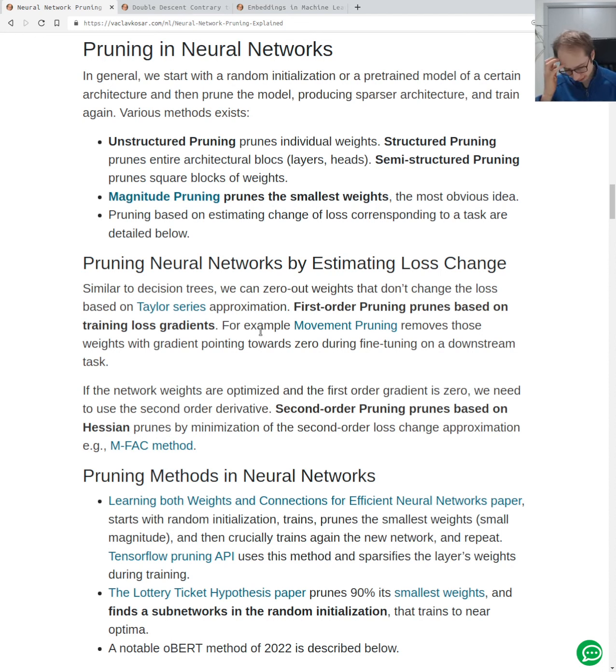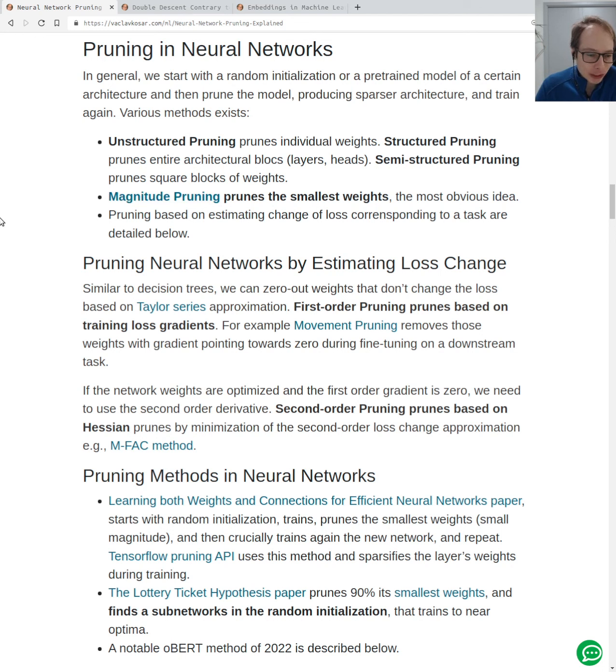In some ways, this is similar to the decision tree algorithm, where we also do this recomputation after we prune one step in a greedy way. We have this iterative approach, and we basically produce a sparser architecture doing this.